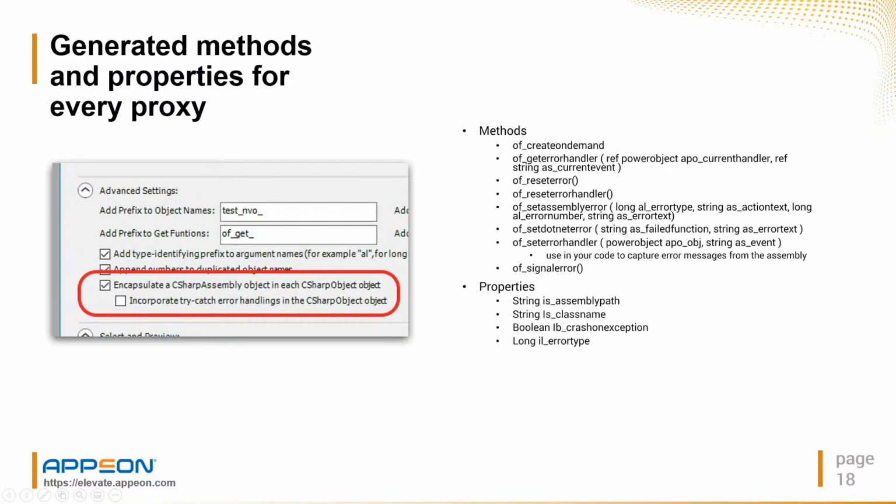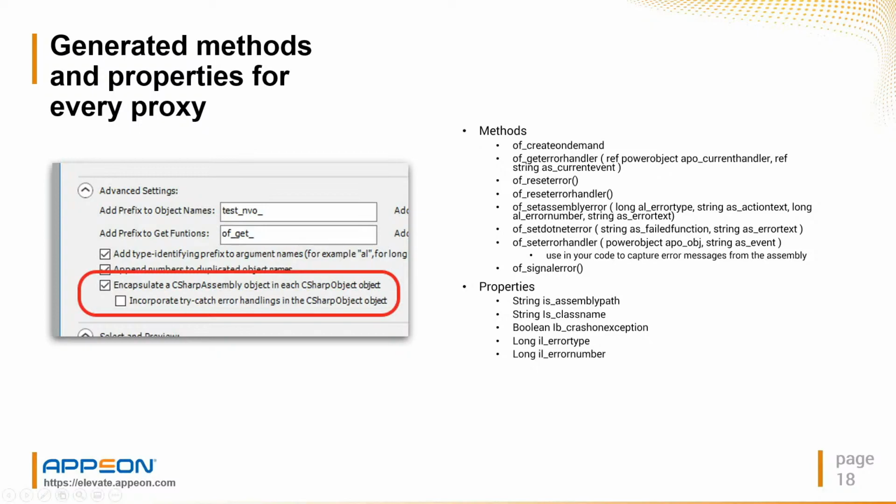What that does is, if there's an exception in the .NET assembly while your application is running, the proxy class will look to see if it's got an error handler, and if it does, it will call an event on the error handler, basically saying I've got an exception here. So what you pass in here is the name of the PowerBuilder object that's going to be receiving that event, and then the name of the event you want it to call. And I'll show you in the demo in a bit how that works and how you can use that to handle the error handling.